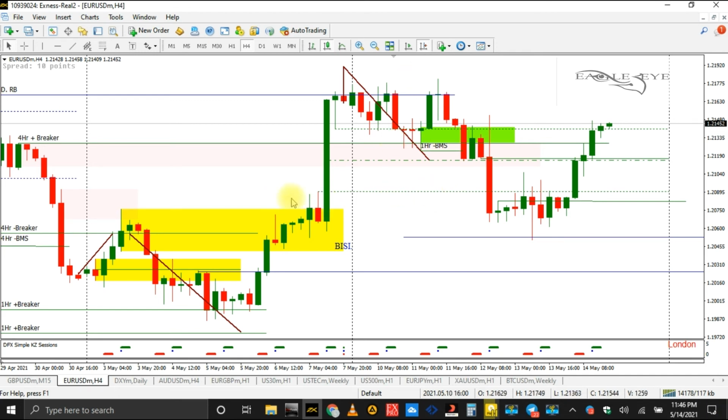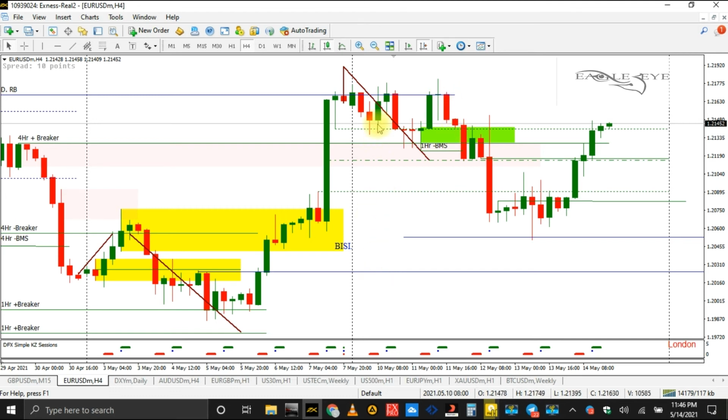The target was to fill in this whole void, and then to go even lower to clear up these lows, this and that, and probably that, because I was expecting bullishness on the dollar.